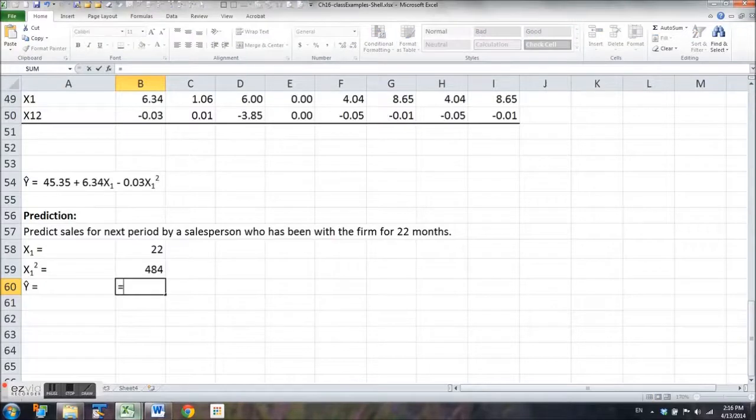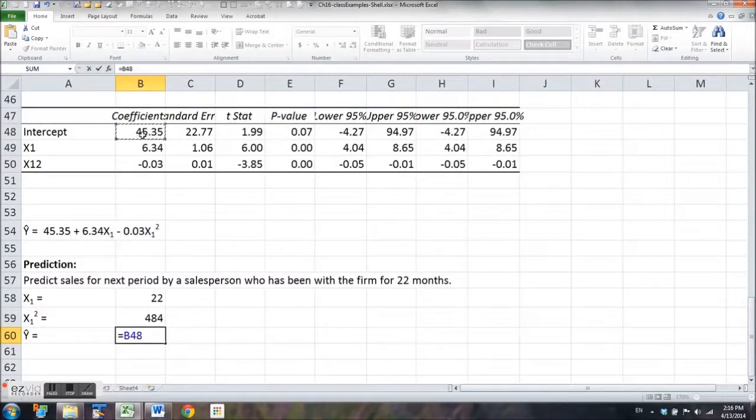And then our y hat is b sub 0 plus b sub 1 times x sub 1 plus b sub 2 times x sub 1 squared. So our forecast for the number of laboratory scales for this salesperson with 22 months with the firm is 168.